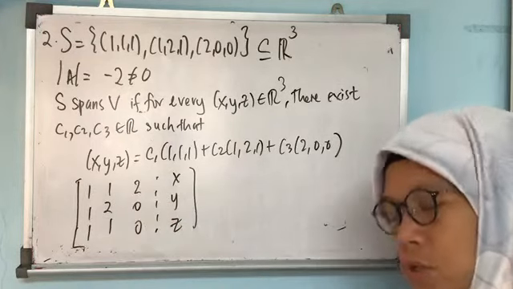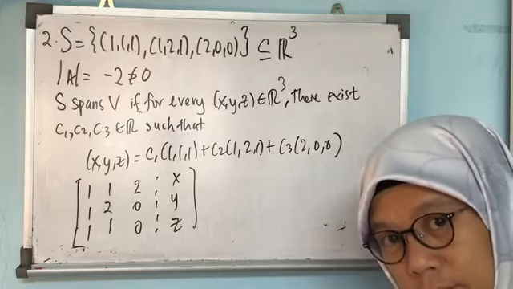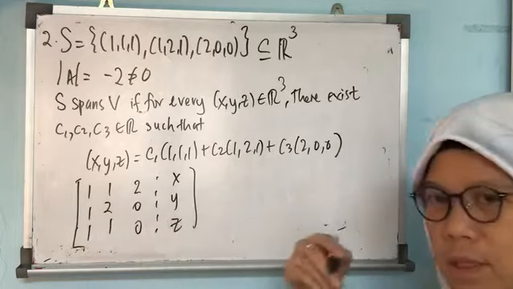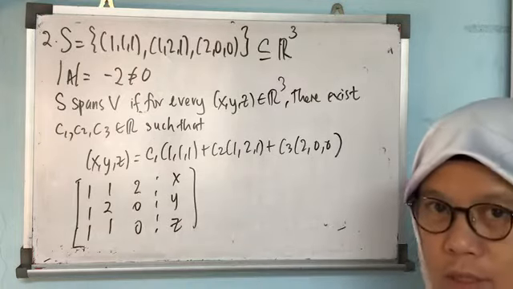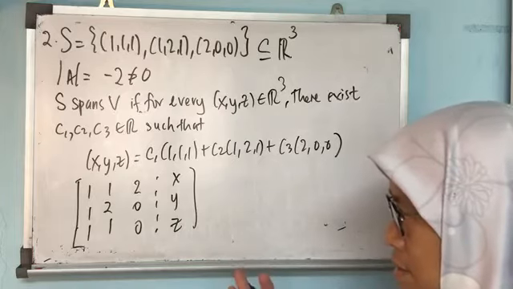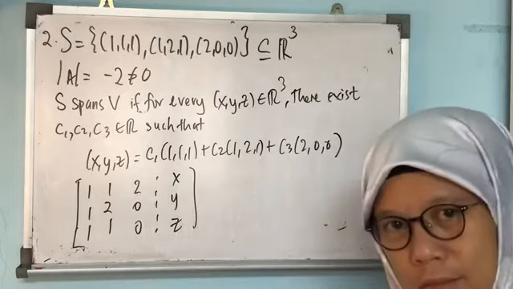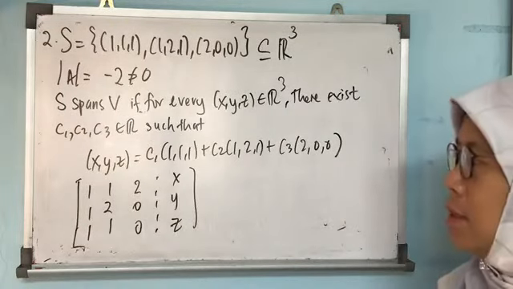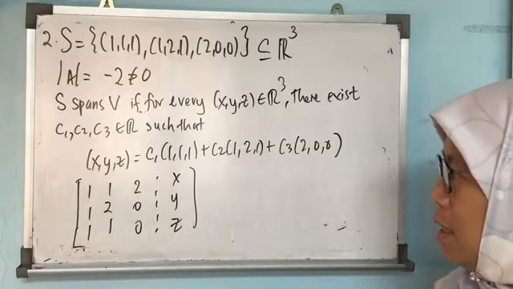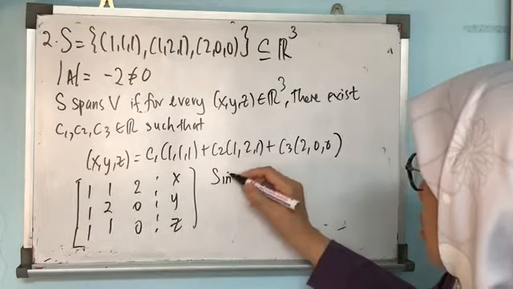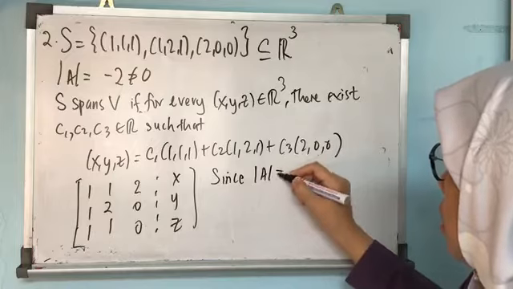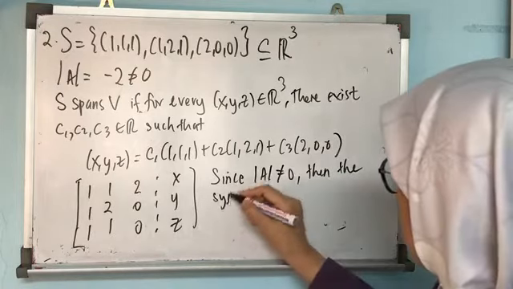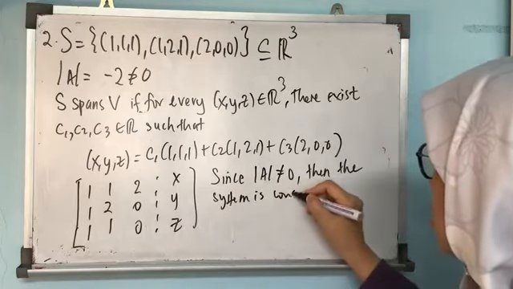Okay, so back to chapter 2. You can solve this with Gauss-Jordan, or you can use any method. But we have calculated the determinant. Then you can say that since the determinant of A is not 0, the system is consistent.